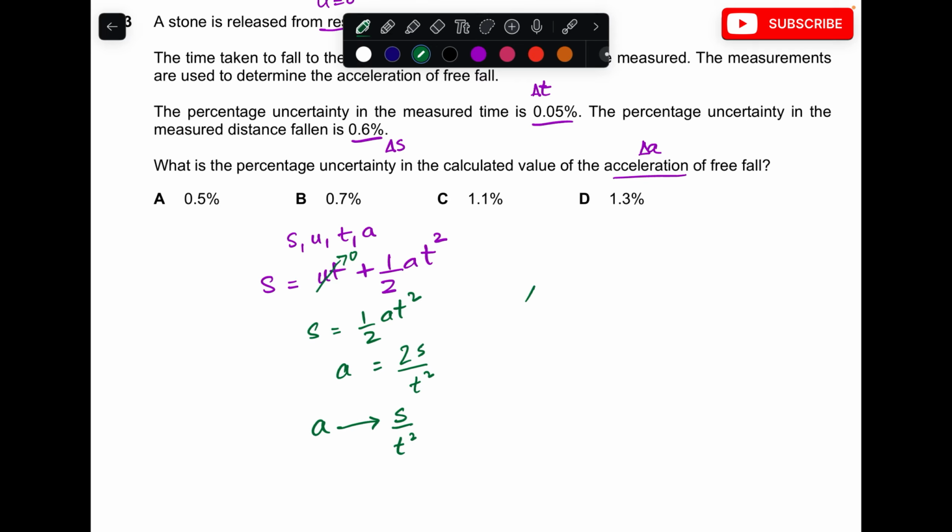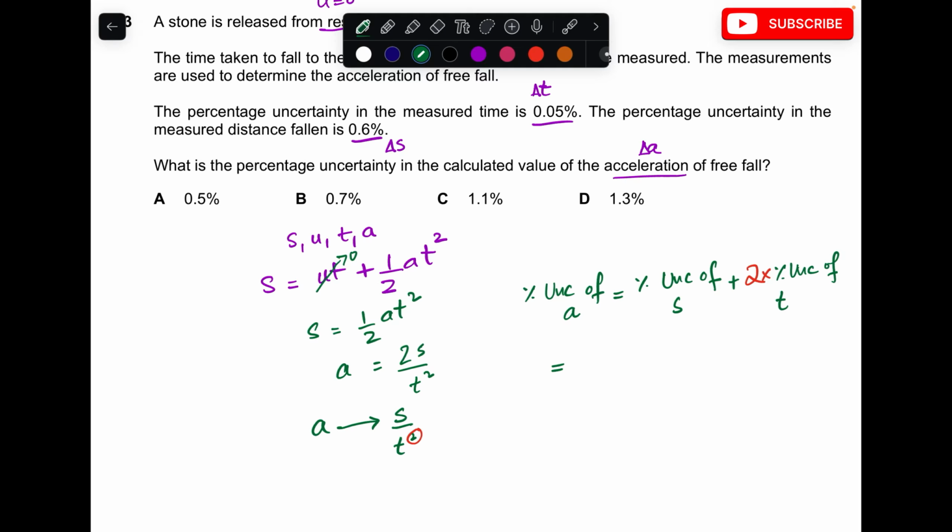So you can say, let me write, percentage uncertainty of a will be equal to percentage uncertainty of s plus, and there will come a 2. Why? Because there is a square on the t, multiplied by percentage uncertainty of t.